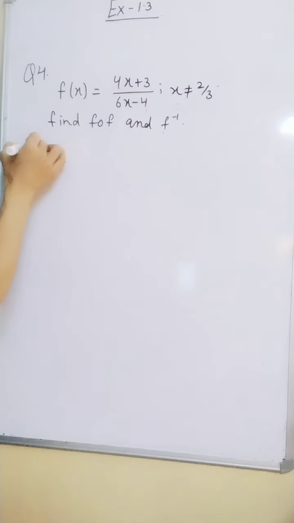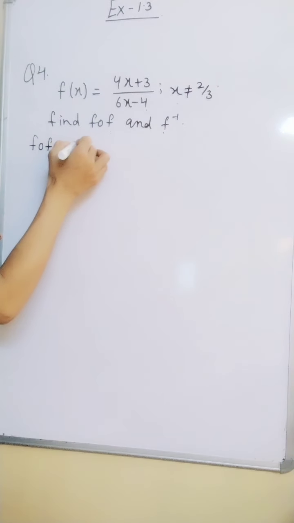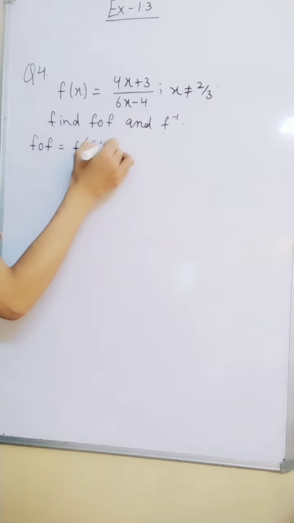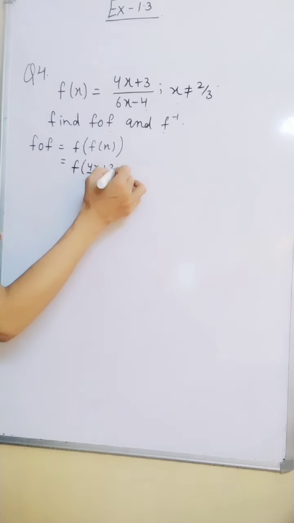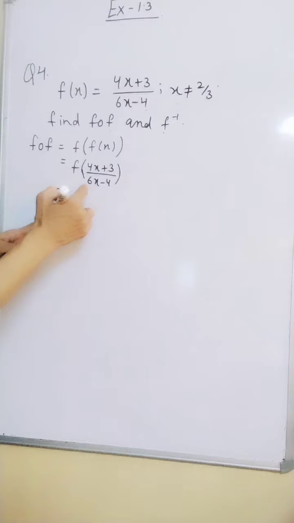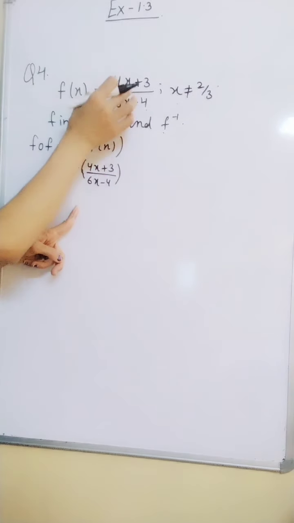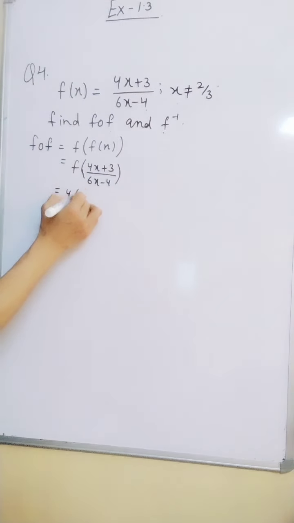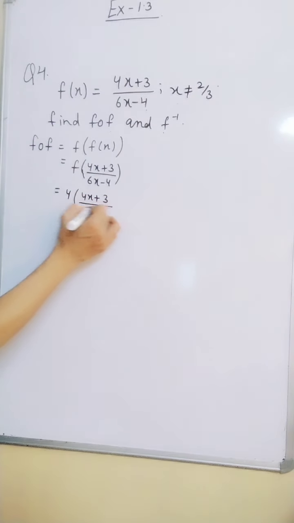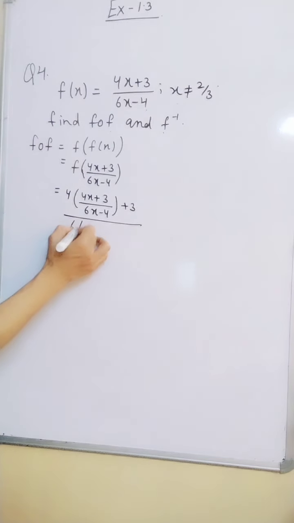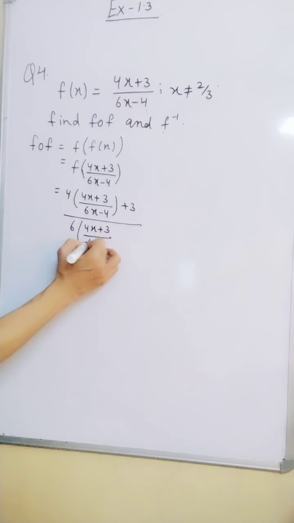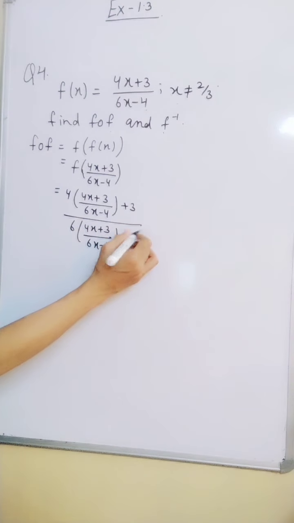First we will find f∘f. Right? f∘f means what? f of f(x). What is the value of f(x)? (4x + 3)/(6x - 4). Now in place of x in f(x) we will put this value. So (4·((4x + 3)/(6x - 4)) + 3)/(6·((4x + 3)/(6x - 4)) - 4).